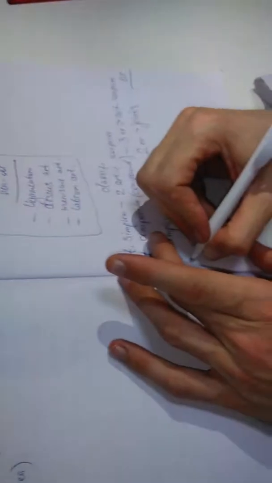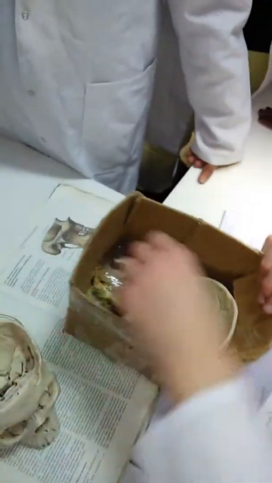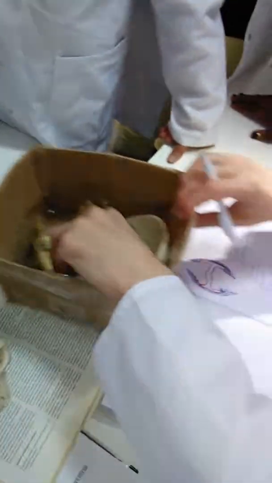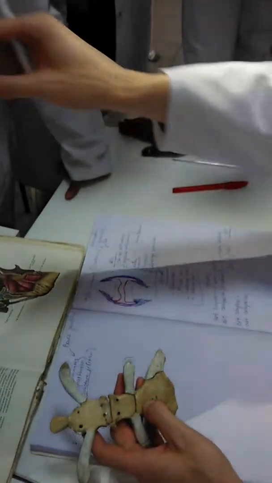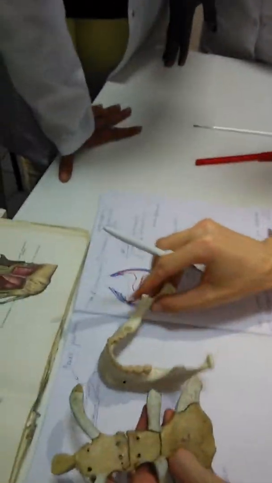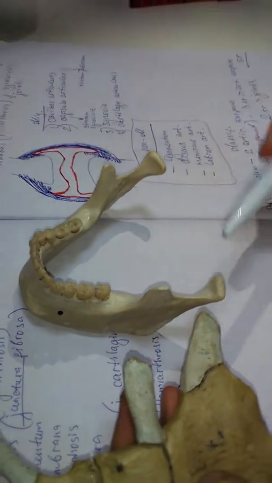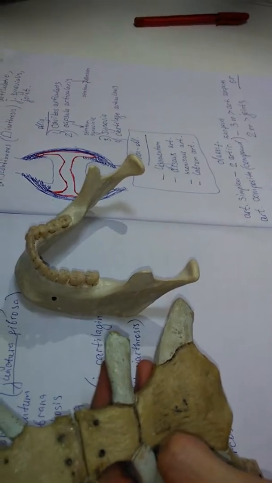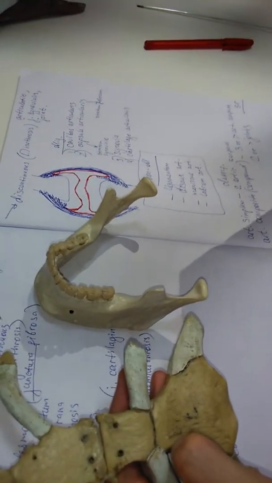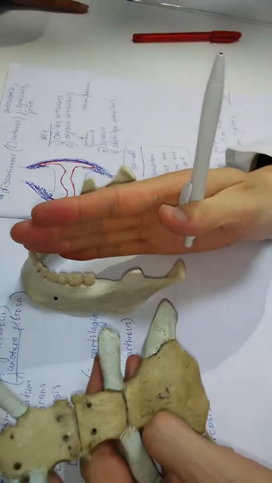And articulatio composita. Composita. When the bone has articular surfaces of the same name, and these articular surfaces form the same joint, but these articular surfaces are anatomically separated.